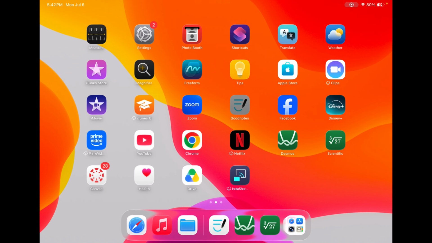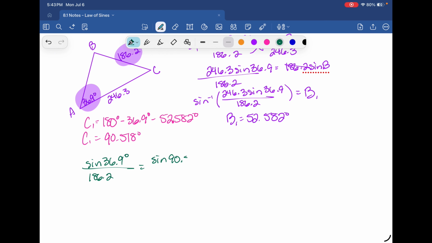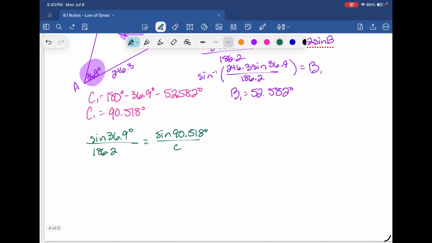Now we find little c. Given sine 36.9 degrees over 186.2 equals sine 90.518 degrees over little c.